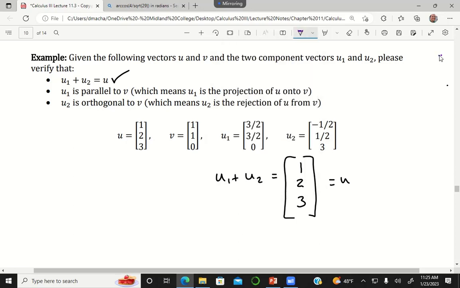For my second bullet point right here, I need to verify that U1 is parallel to V. So you might remember this from like Thursday, but if U1 is parallel to V, then I should be able to write this. U1 equals K times V, where K is just a scalar.